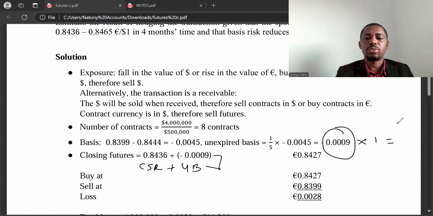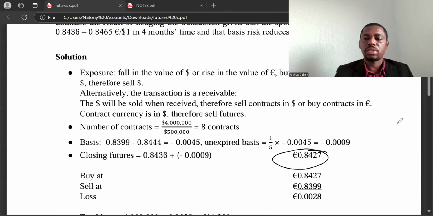And that will give you 0.8436. There's a bracket here, so minus times plus will be minus. So it will be 0.8436 minus 0.0009. So your closing futures price will become this amount, 0.8427.